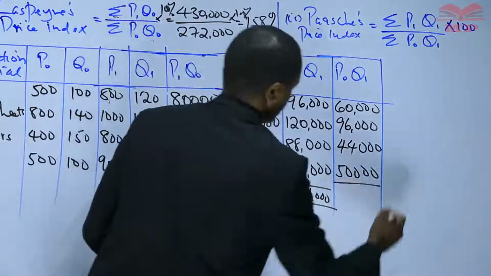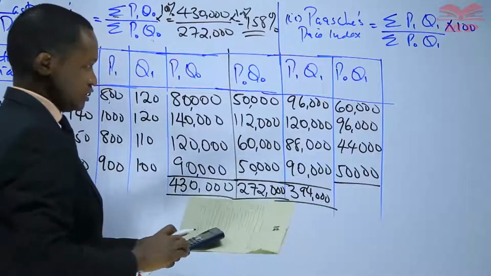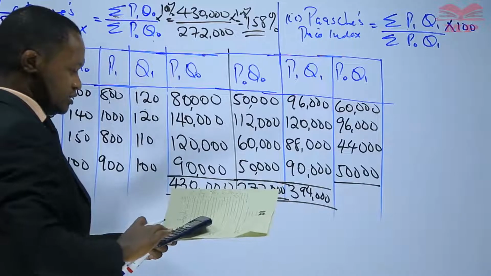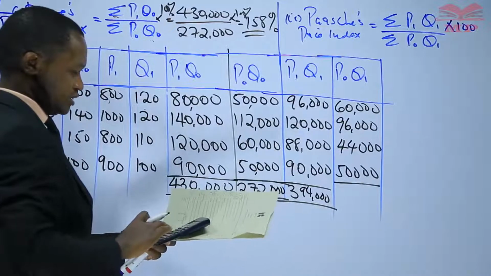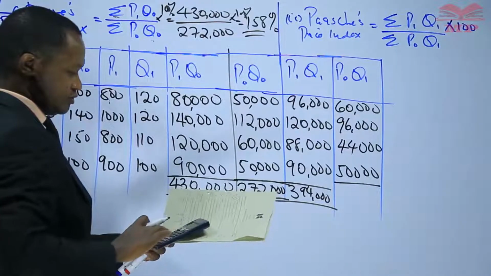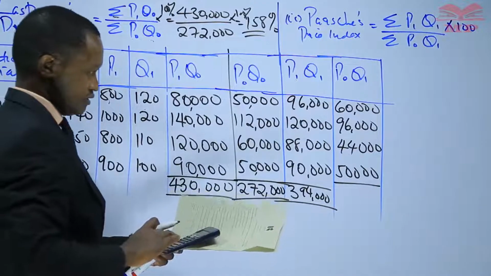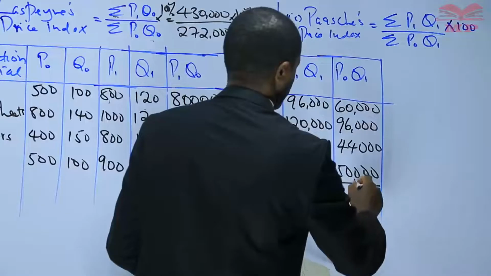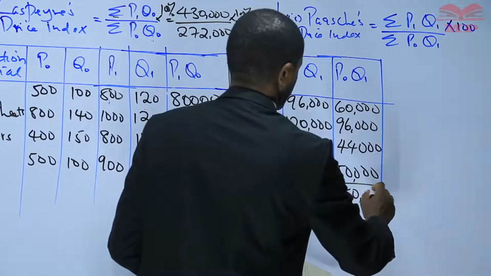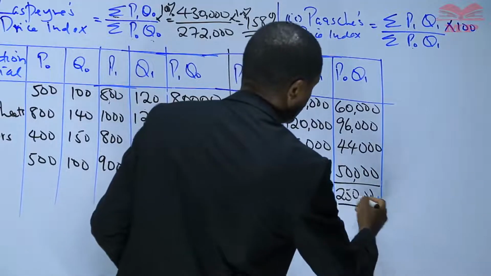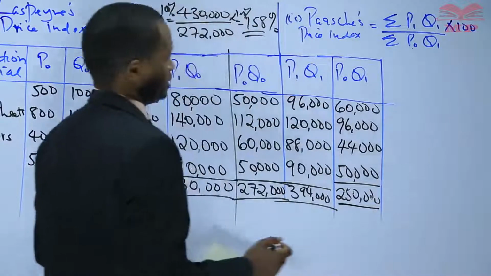Then we get the total. I have 60 plus 96 plus 44 plus 50, which is 250,000. So candidates, these are the inputs.